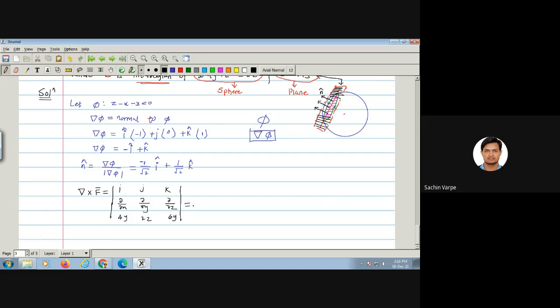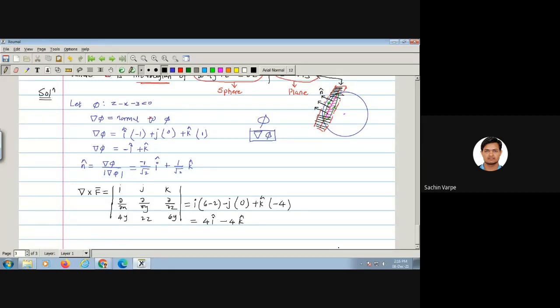So that is i cap times 6 minus 2, minus j cap times 0 minus 0, plus k cap times 0 minus 4, which is minus 4. So that is 4 i cap minus 4 k cap.